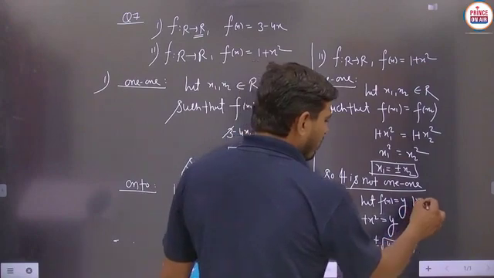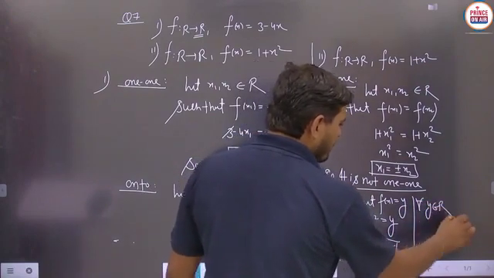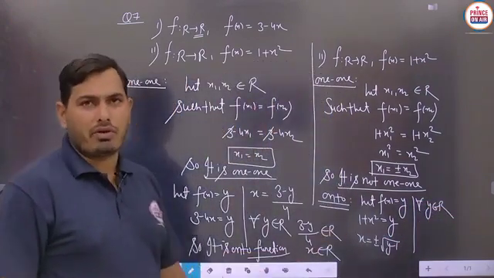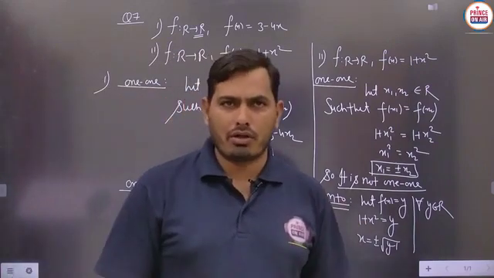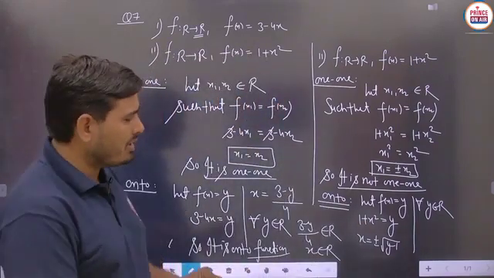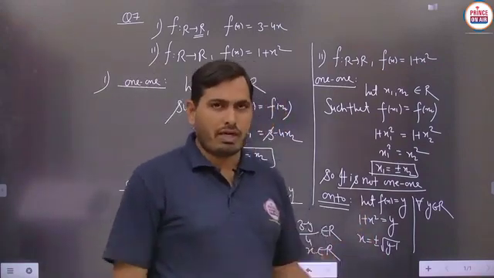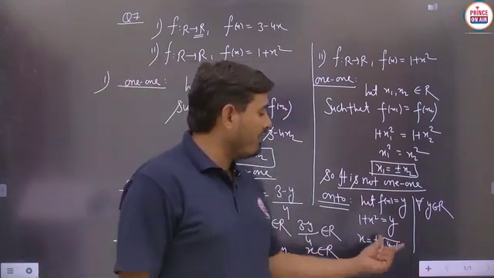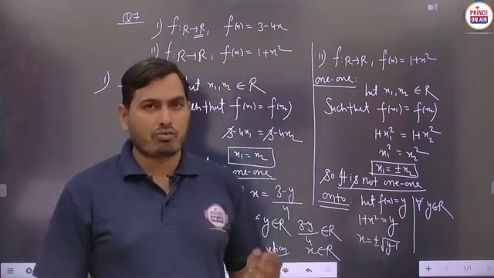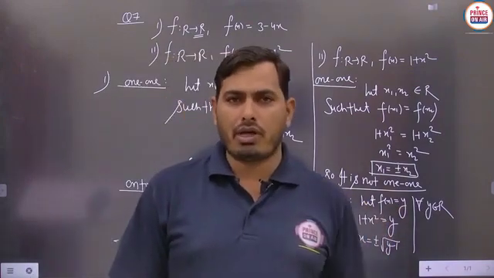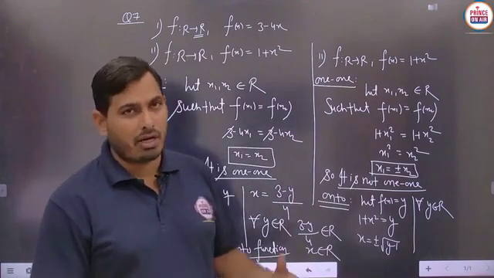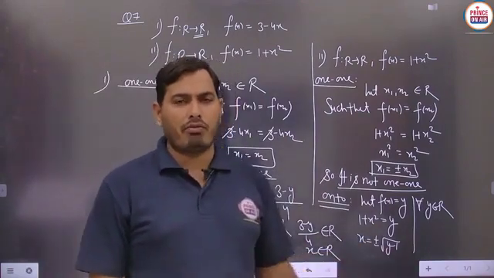Means for all y belongs to the real numbers, whether this square root of (y minus 1) belongs to the real numbers or not. Is that to be clear? So you can just imagine an example. Suppose here we are taking y equal to 0. Then it will become square root of minus 1, and square root of minus 1 is written as iota, and this belongs to the imaginary numbers. Means no particular real number we will obtain here.